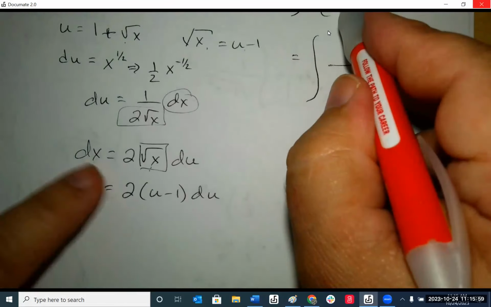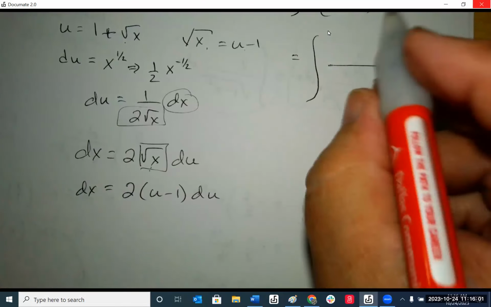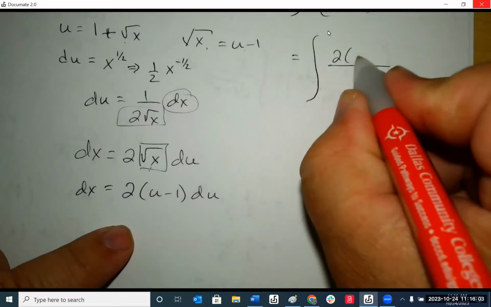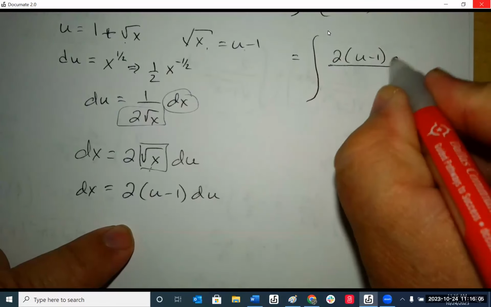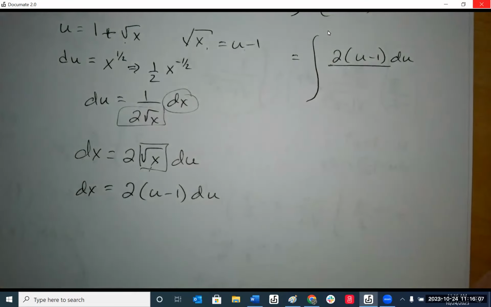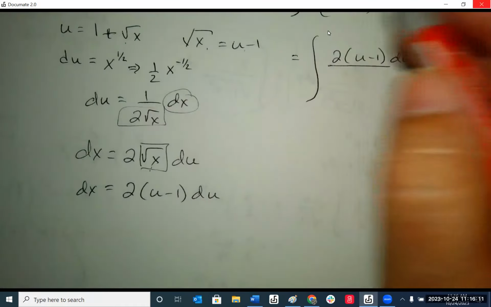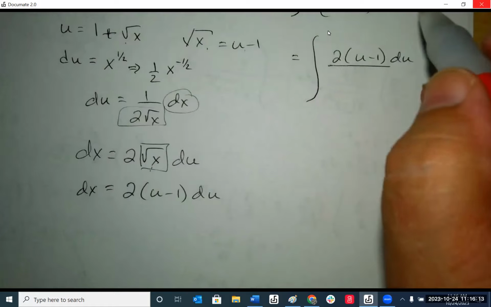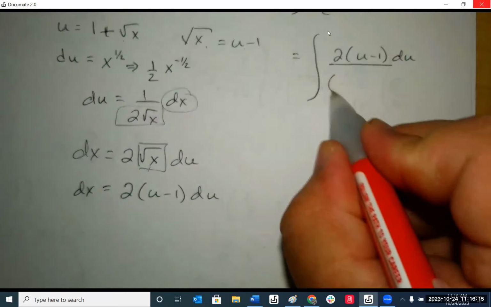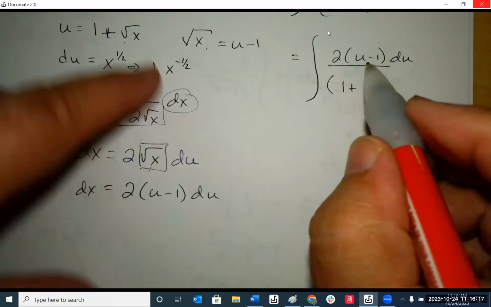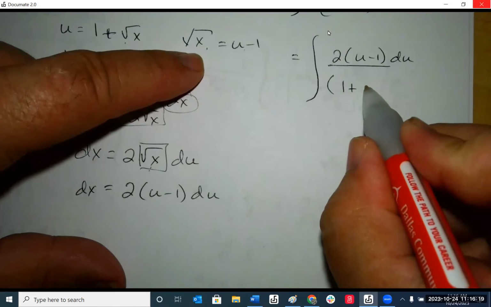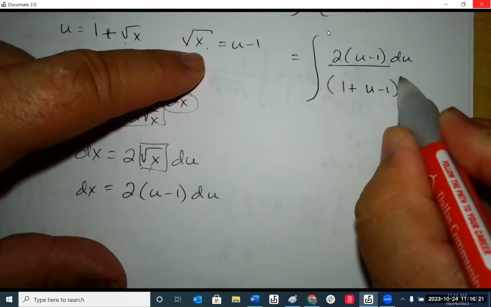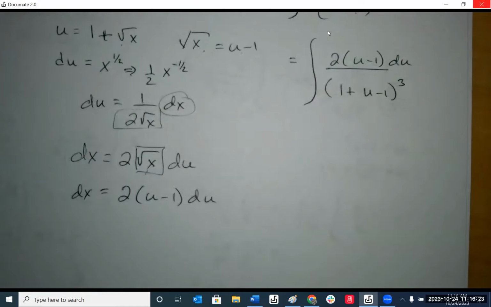So radical x is u minus 1. So dx is 2 times u minus 1, du. And on the bottom, we have 1 plus radical x, which is u minus 1, cubed.